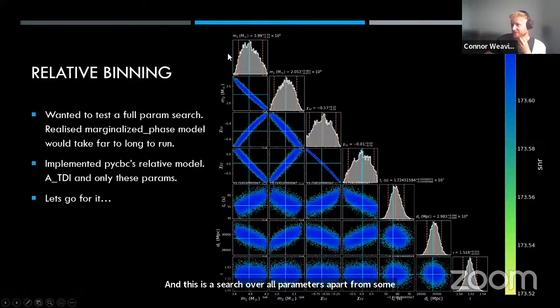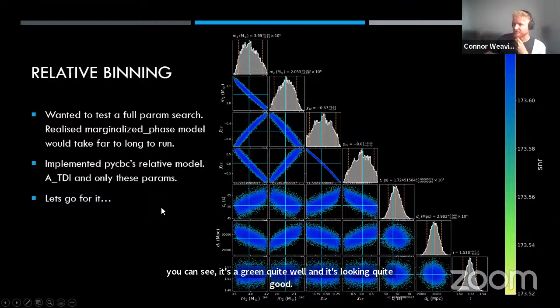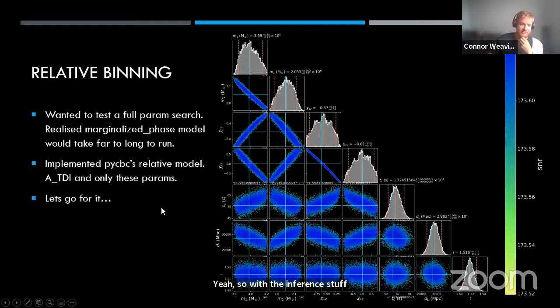And as you can see, it's agreeing quite well and it's looking quite good. So with the inference stuff, there are still some slight problems like well-known sky parameter issues, but overall, it's looking sensible, and I think we're coming to a place where we can start implementing this properly into PyCVC and making it a bit more public for people to use.